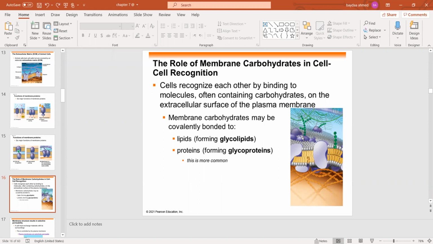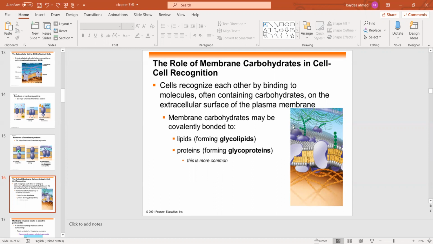to protein. Those vary from species to species, and even among individuals of the same species. They also vary from one cell type to another in a single individual. This functions as markers that distinguish one cell from another.